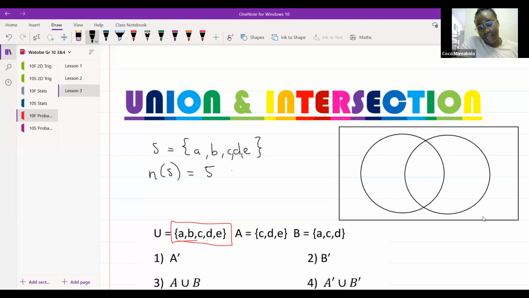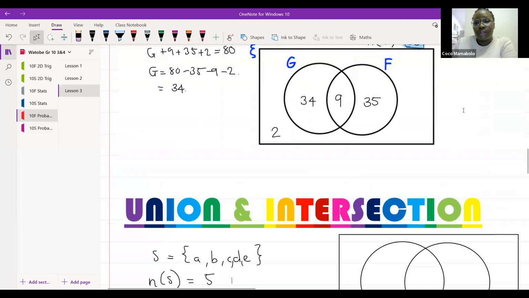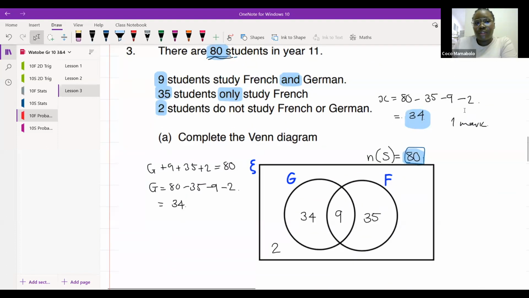Are you understanding? Yeah, I get the Venn diagrams, the circle Venn diagrams, they intersect. Yes.